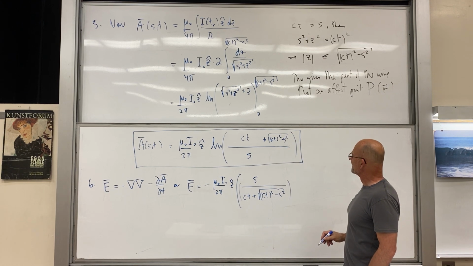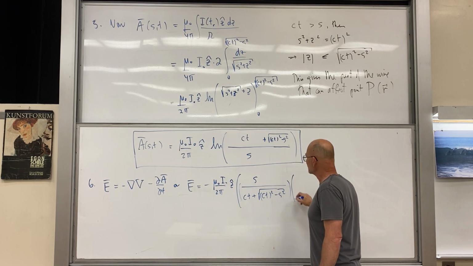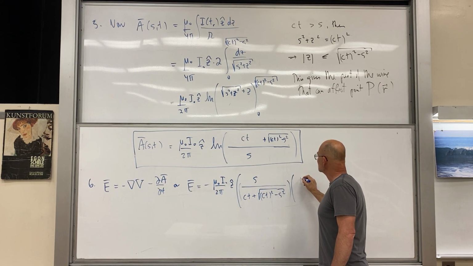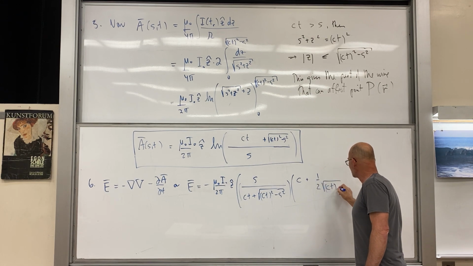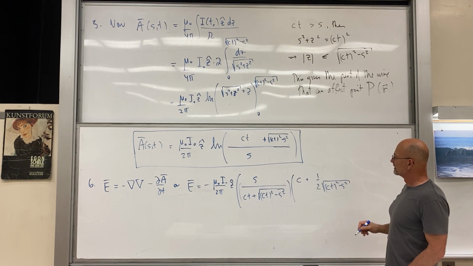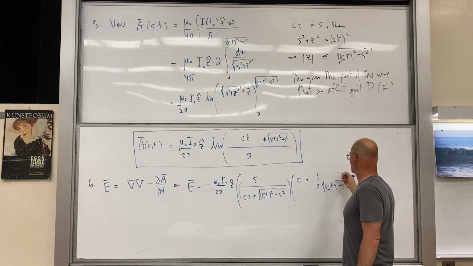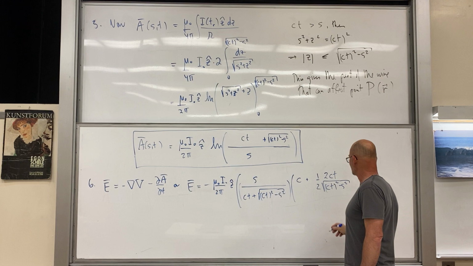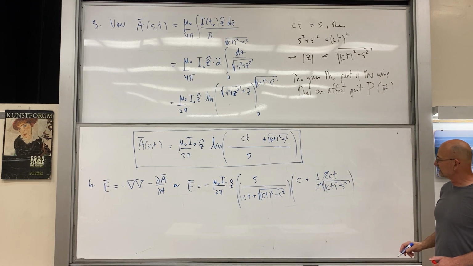And then the derivative with respect to time, still inside here we have c plus 1/2 root ct squared minus s squared, and then the inner derivative 2ct. 2's cancel, and we'll just try to rationalize this and it'll simplify.